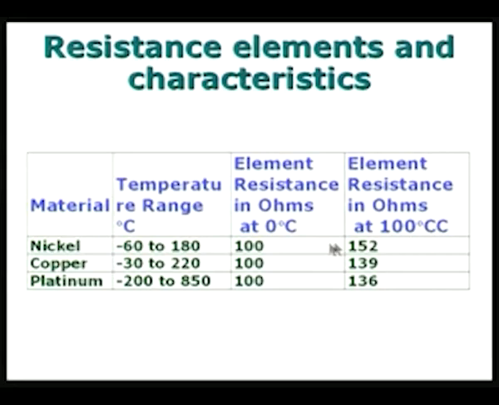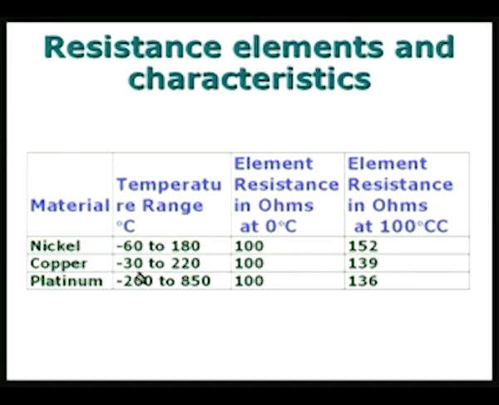So, the nickel can be used between minus 60 and 180. The value is 100 at 0 degrees Celsius, then the value at 100 degrees Celsius is 152. Therefore, almost 50% change in the resistance between 0 and 100 degrees.